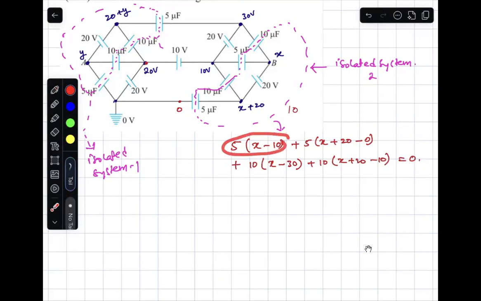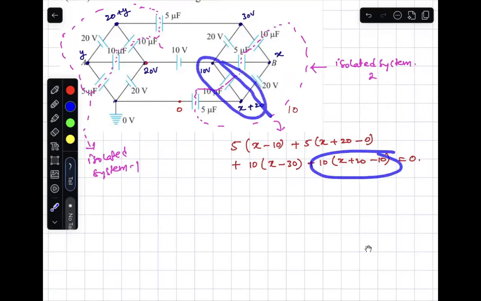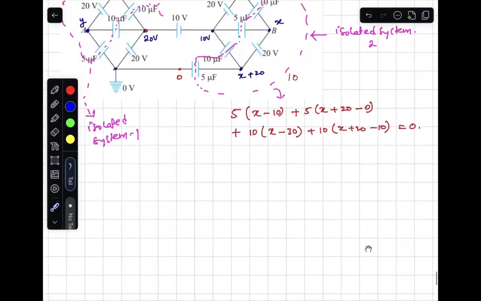This one is for this path. Next, this one is for upper. This one is for this one. Okay, now you got an equation for x.